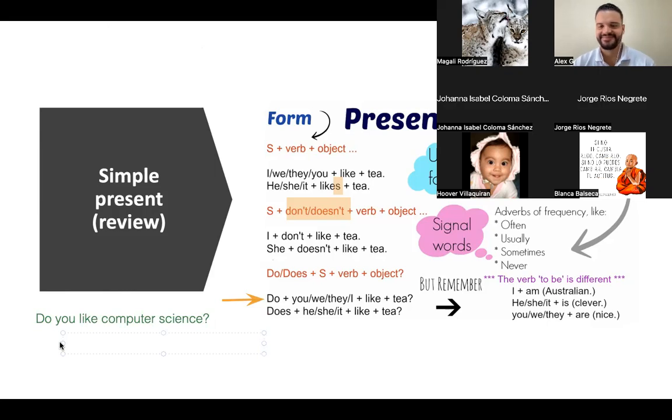Let me see. Does she play soccer? Absolutely. Very good. Does she play soccer? Very good. Magali, do you have an example?